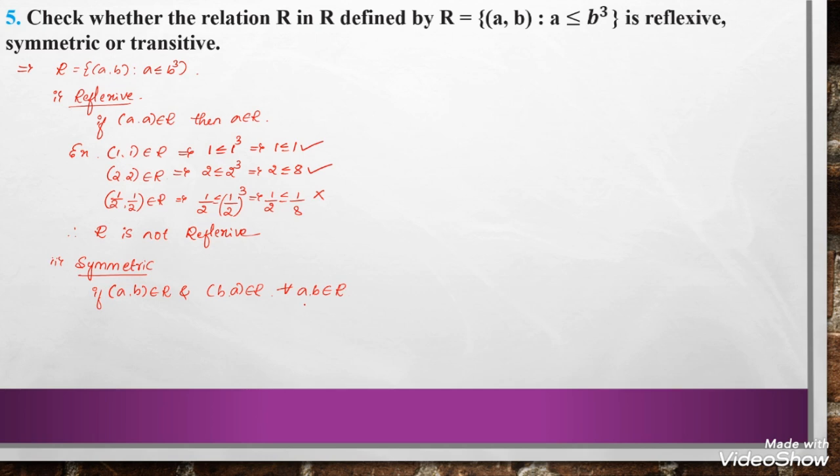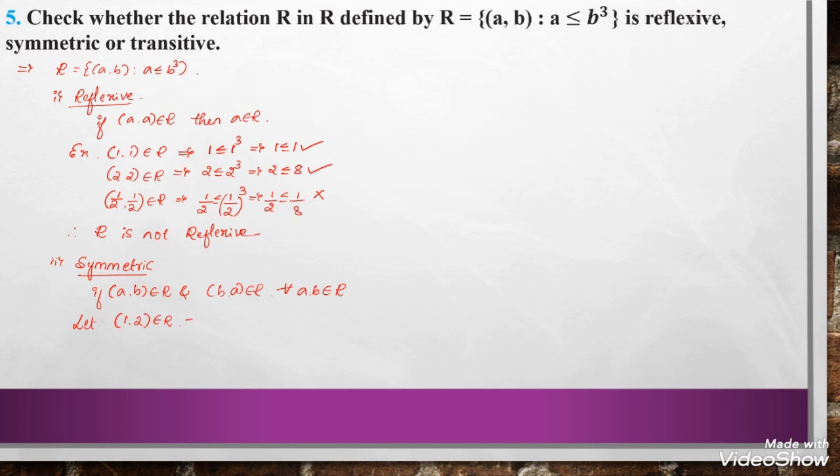If these conditions are satisfied, then we will check with an example. Let me consider one example here, that is (1, 2). (1, 2) belongs to R.